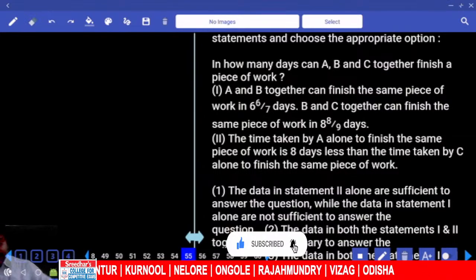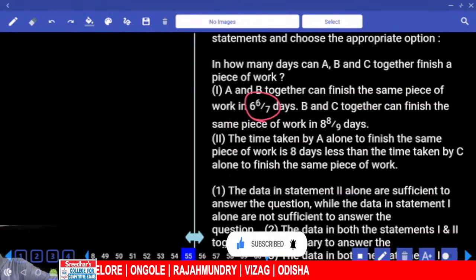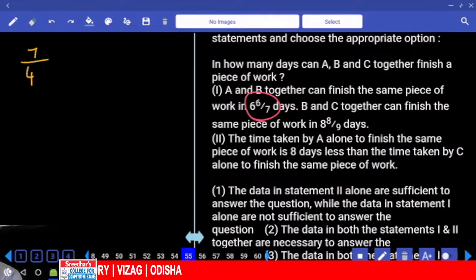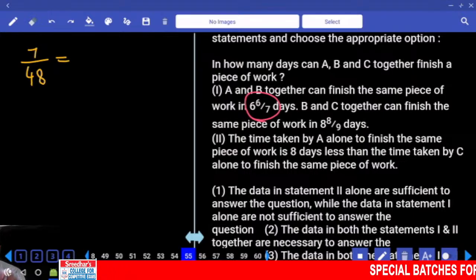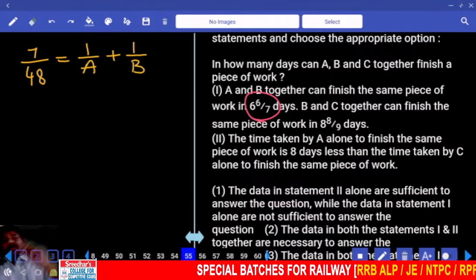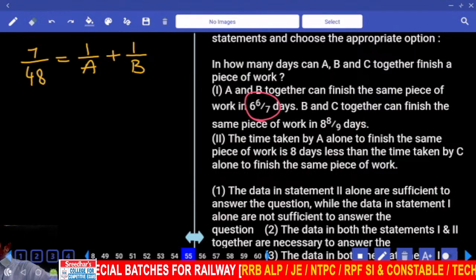Because 6 by 7 days, 48 by 7. One day's work is equal to 7 by 48, which is one day's work of A and B. One day's work of A and one day's work of B. Assuming A can complete the work in A number of days, B can do it in B number of days.